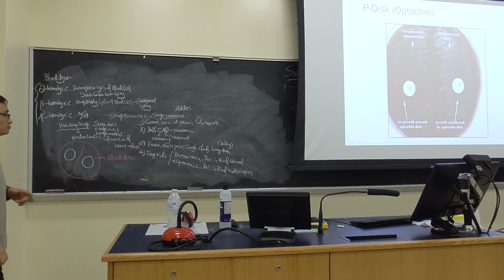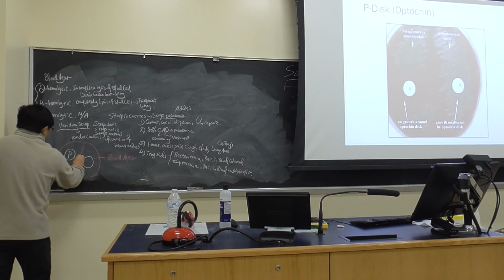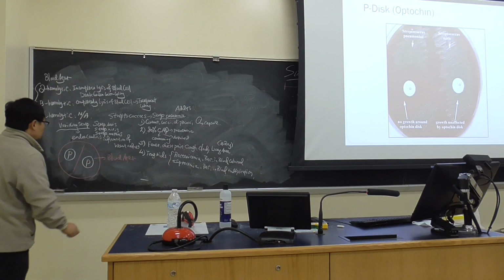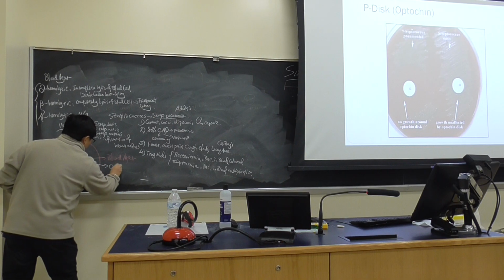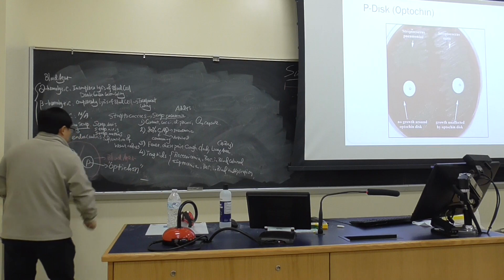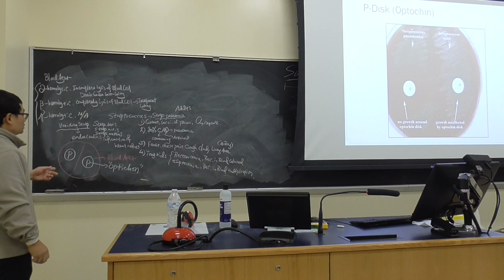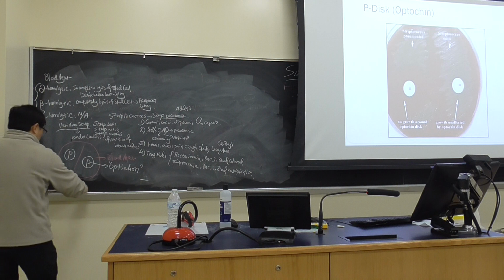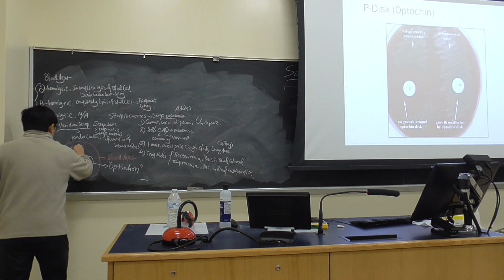The disc, we simply say P disc, and the component is optochin. Viridans streptococcus will be resistant.